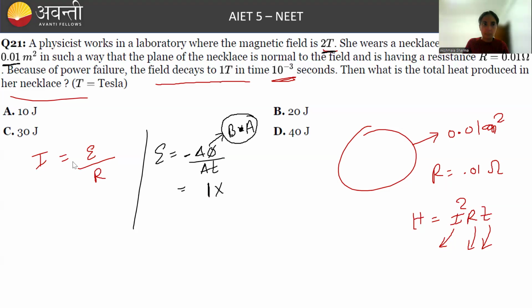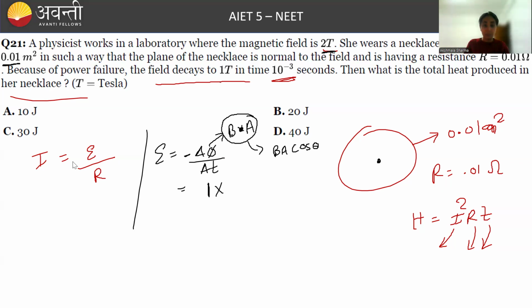Final flux is 1 Tesla into 0.01 meter square. See, if you do B dot A, then BA cos theta. And here it is said that the plane of the necklace is normal to the field. That means the area vector is normal to the plane, and the magnetic field is also what?